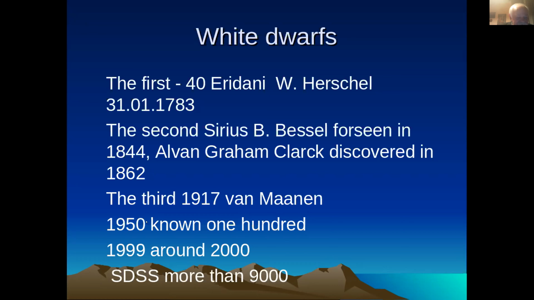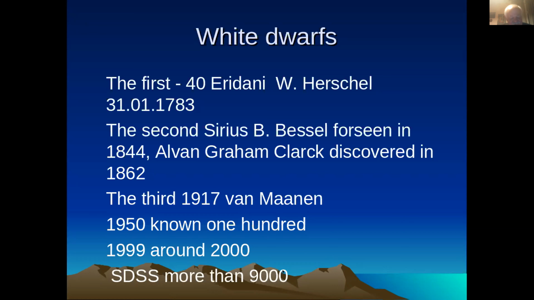In 1950, 100 were known. In 1999, around 2,000. With the Sloan Digital Sky Survey, the number is 9,000, and now with Gaia, it's over 14,000.